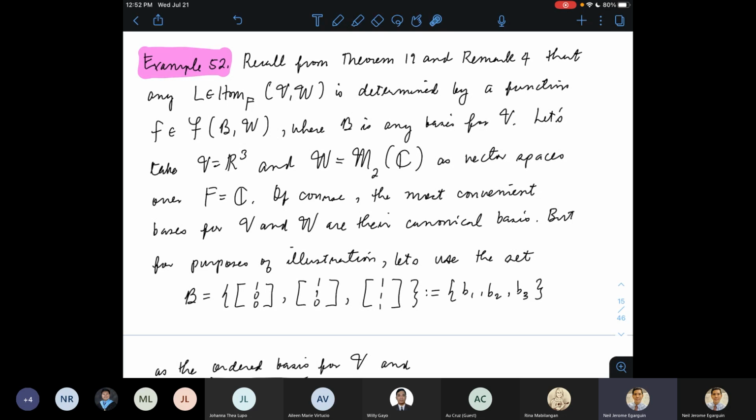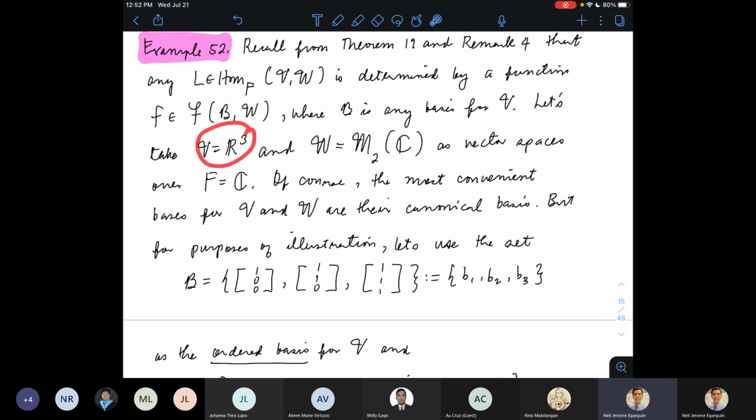Okay. Now this time I chose V to be R3. So my domain is the set of all vectors in R3, and I chose the ordered basis (1, 0, 0), (1, 1, 0), (1, 1, 1). Though this is more complicated than the canonical basis, I chose them just for purposes of illustration.